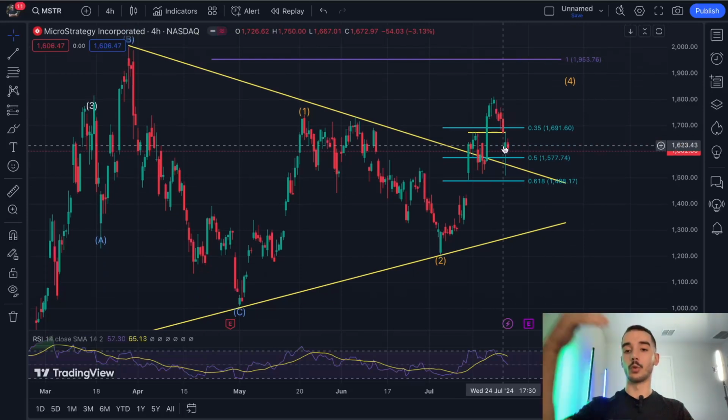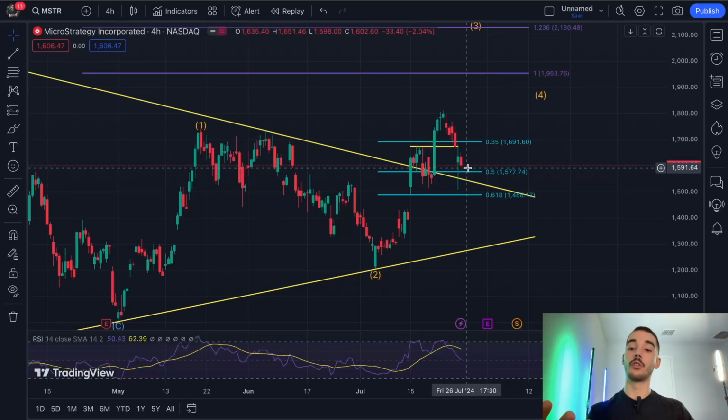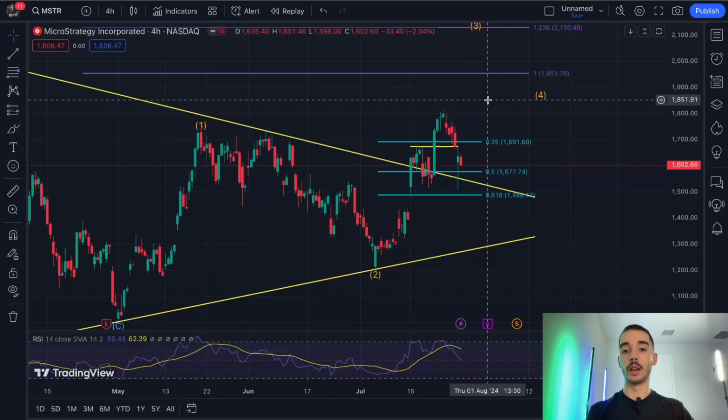And now since Bitcoin rallied quite a bit, if Bitcoin holds tomorrow, and again, I don't like to focus on short-term next day trades, but I'm just trying to tailor towards everyone and give some context here. If Bitcoin does hold and continues to trend higher, or at least holds current bullish levels above that orange area, we can definitely see MicroStrategy start moving higher as soon as market open tomorrow.